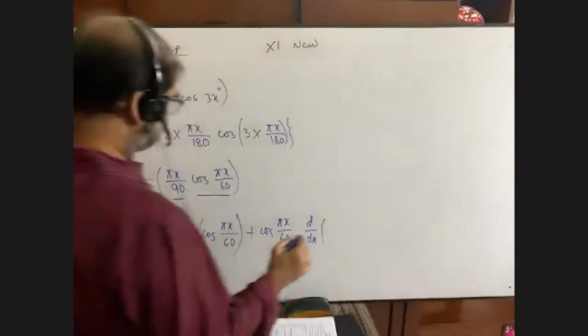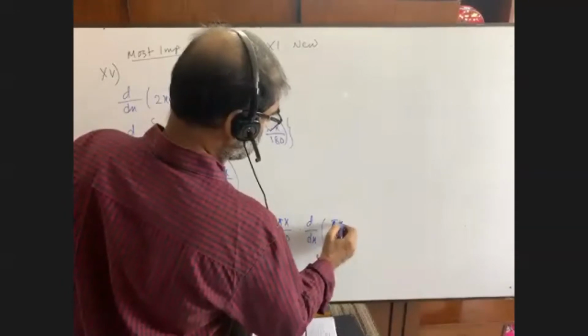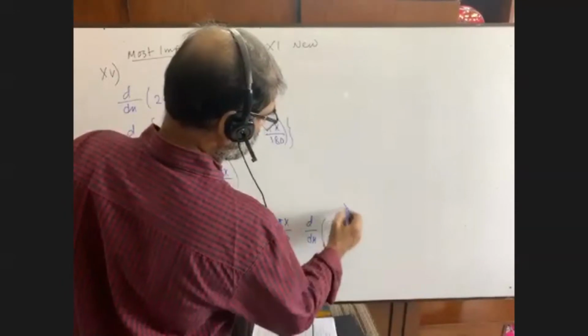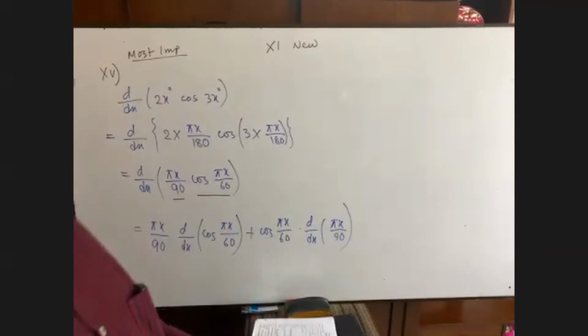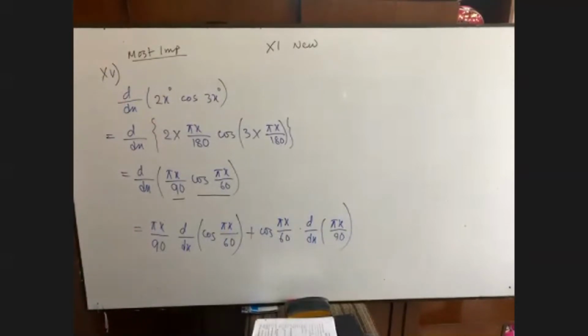U is here pi x by 90. I have just applied the formula here.